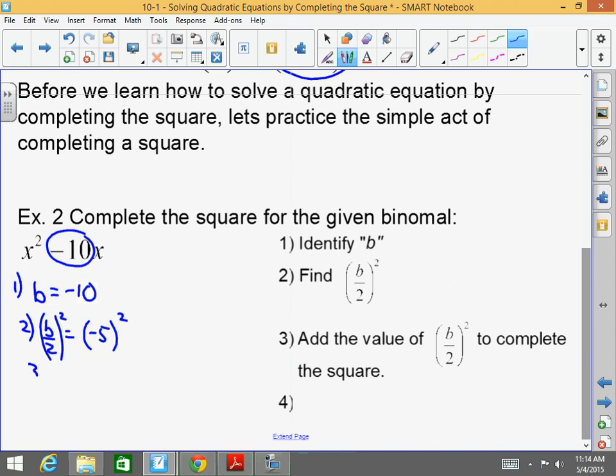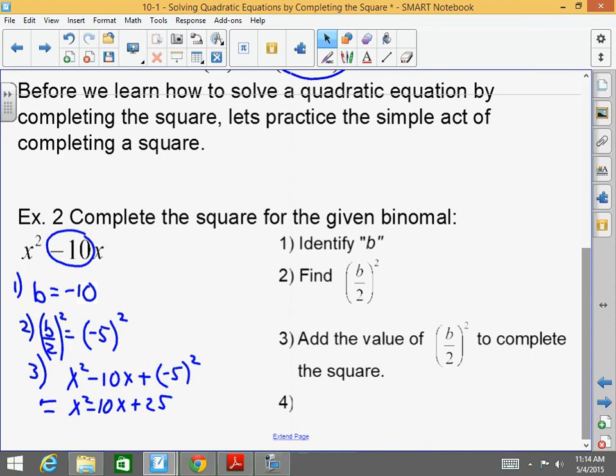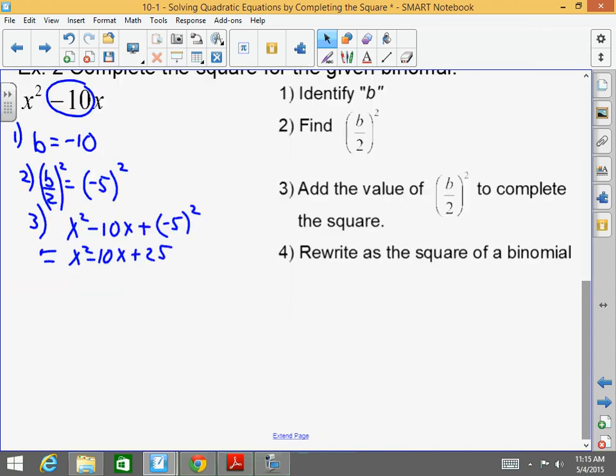So, step 3, we've got x squared minus 10x plus negative 5 squared, which equals x squared minus 10x plus 25, and then rewrite as the square of a binomial.